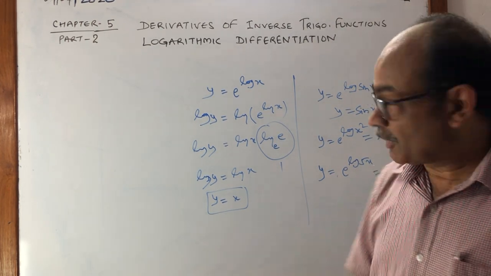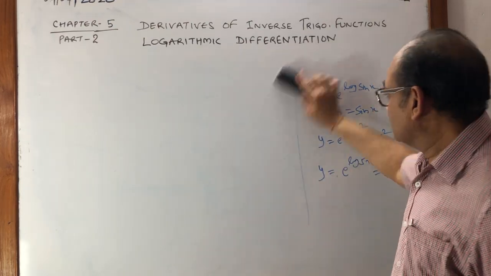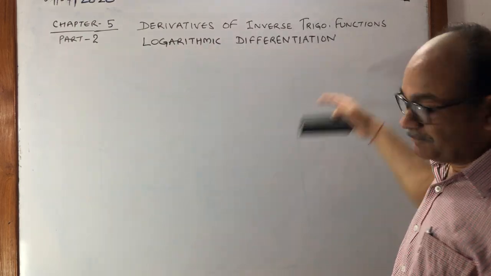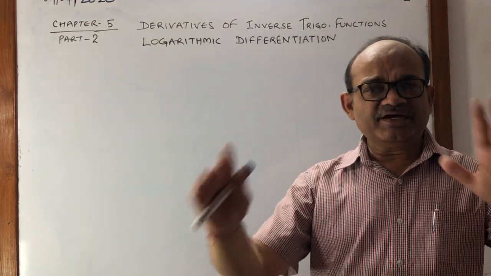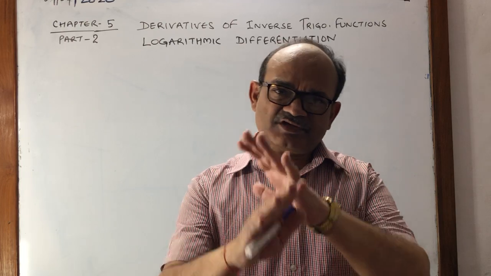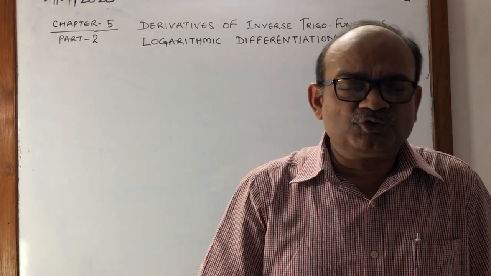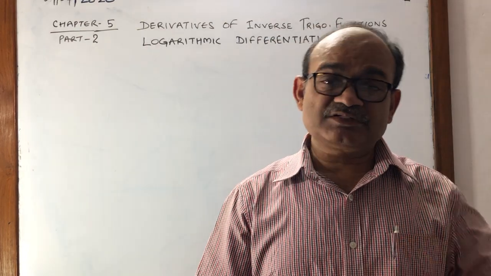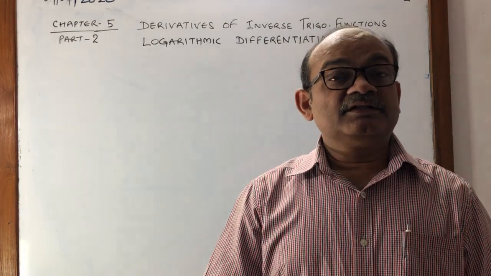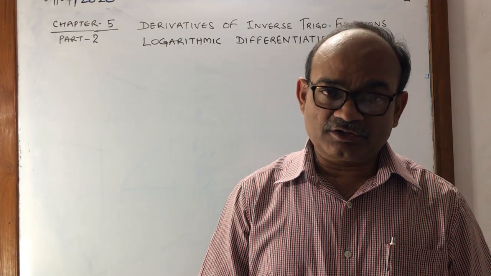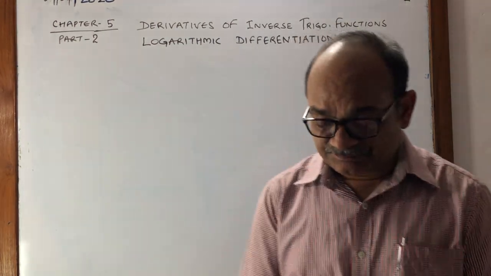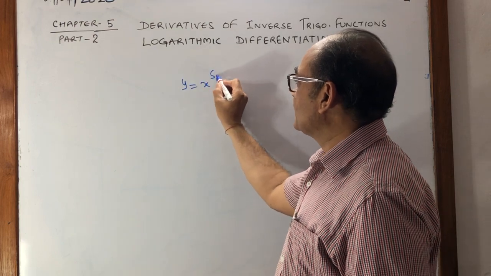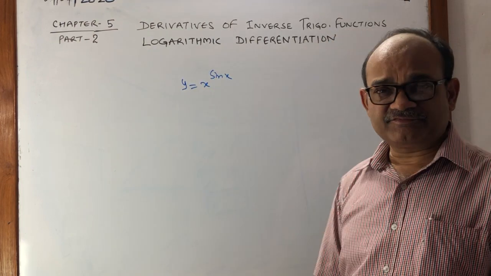So now we start problems based on logarithmic differentiation, which is our next topic. Whenever we have complicated functions, powers are very complicated, cube root, 2 by 3, 5 by 3, so many functions in product or some functions in division, then the shortest method is taking log. For example, suppose a question is y equals x to the power sin x, a complicated function.